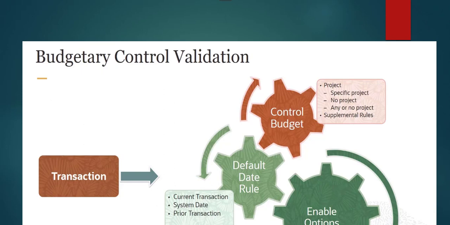The control budget filter works with a setting in our control budgets called project, and with our control budget we can also have sub-elemental rules which will impact the budgetary control validations.